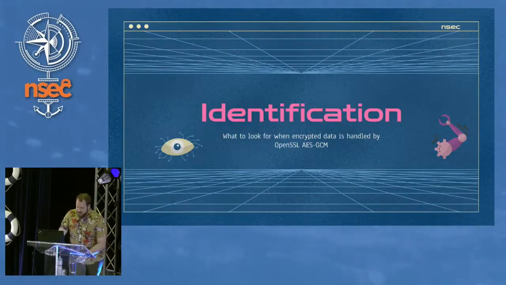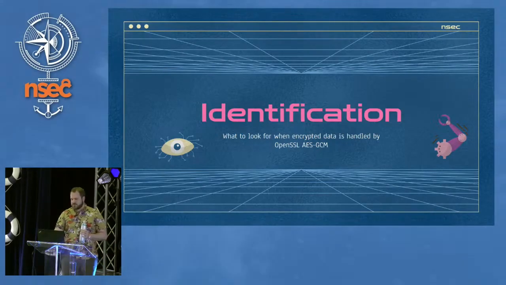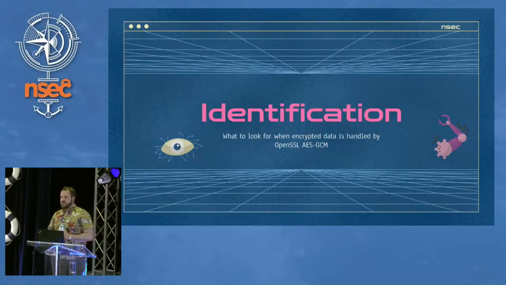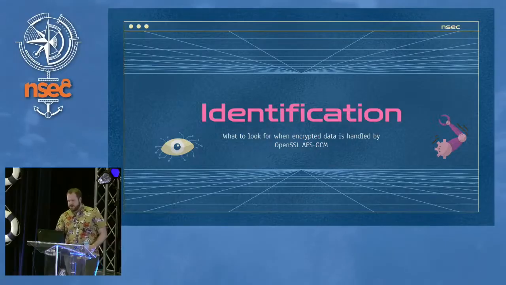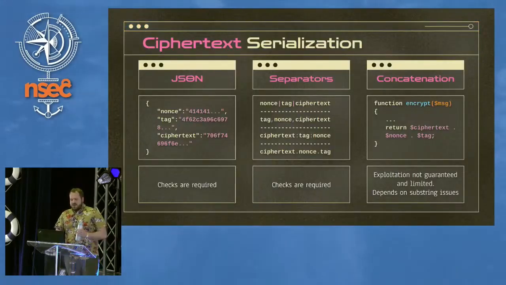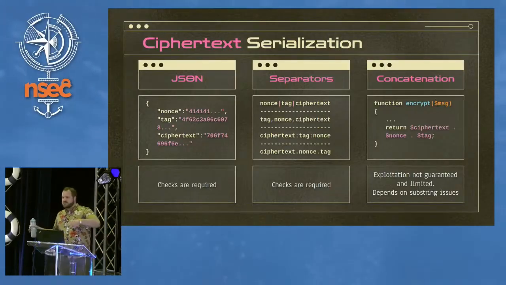So how do you then identify this? Usually you would look for anything that handles encrypted data with OpenSSL AES-GCM. So a cookie, header, whatever. What are these ciphertexts? The way that these ciphertexts are sent, usually it's going to be base64 or something like that.